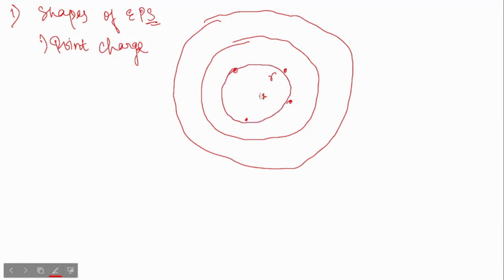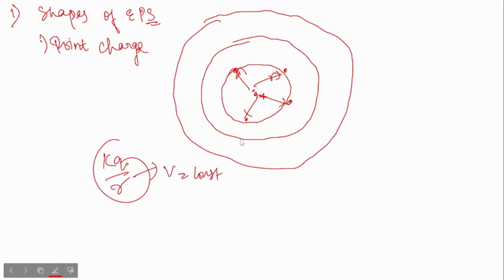And if you go from this point, it also has radius r. This is also radius r. So there will not be change in potential. It will remain constant along this surface. Similarly, this is another equipotential surface. Then for a point charge, equipotential surfaces will look something like this. And this is the direction of electric field, right?